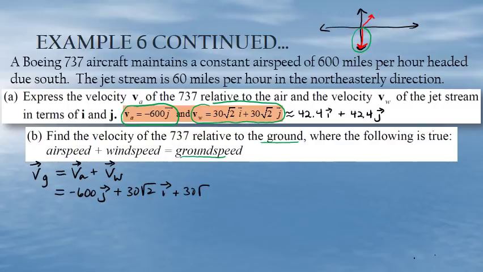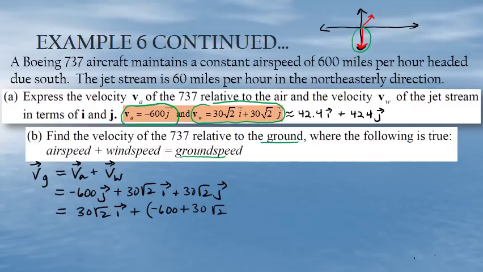And just like when you added in algebra, when you first learned how to add, you can only add like components. So I'm going to go ahead and move the 30 root 2I up to the front because we usually see I written first. And then for the J's, I'm going to write plus negative 600 plus 30 root 2J.